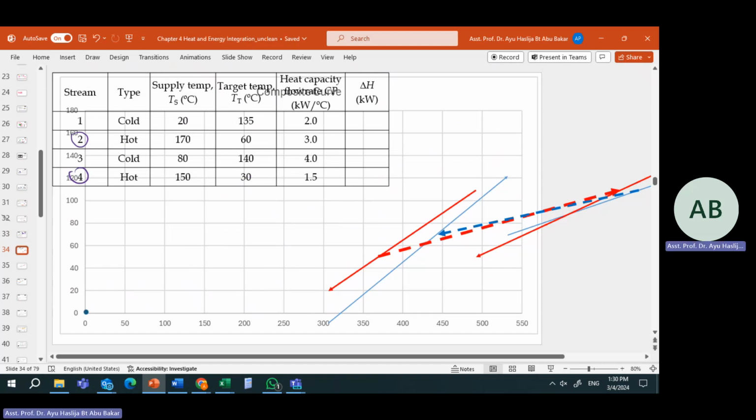What is the x-axis over here? 30 is here. What is the x-axis? Delta H, okay.